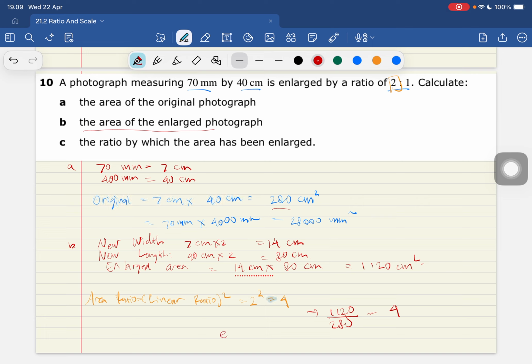So the area has been enlarged by a ratio of 4 to 1. Okay, there it is. Thank you.